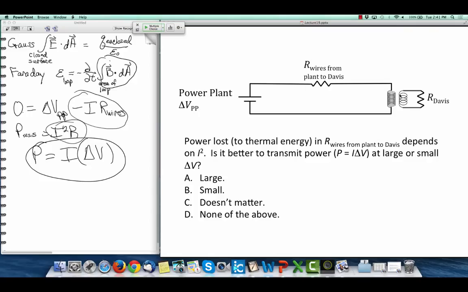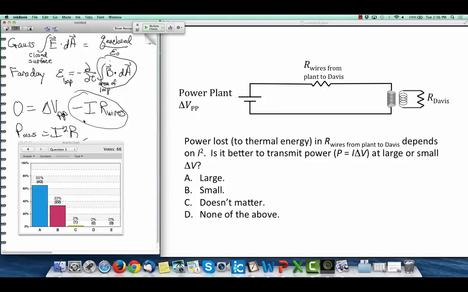So you want the small current side for low power losses. You're oscillating a small current through those wires at a very high voltage. In fact, those wires that go through the countryside are at hundreds of thousands of volts. So the reason they're at hundreds of thousands of volts is so the current through them will be really small, and they won't lose very much energy because of the resistance of the wires.